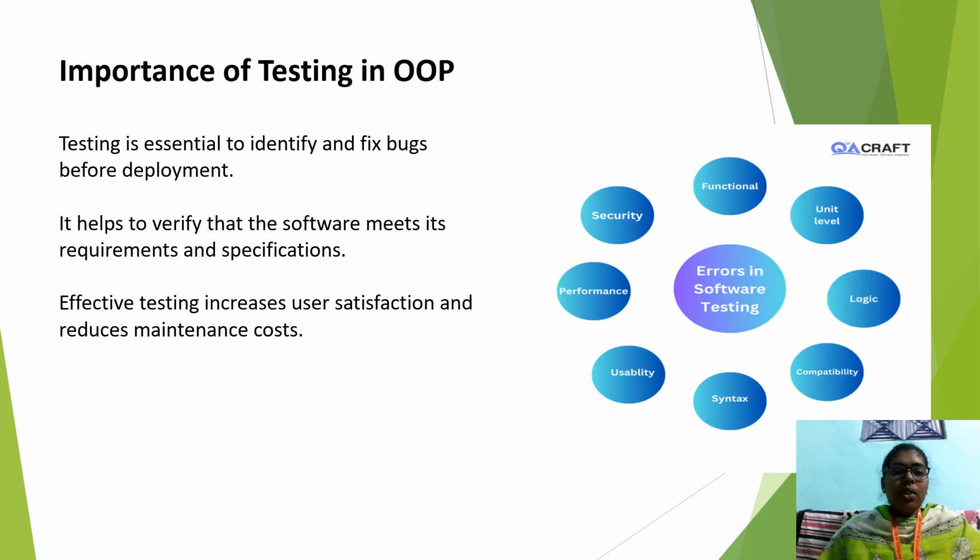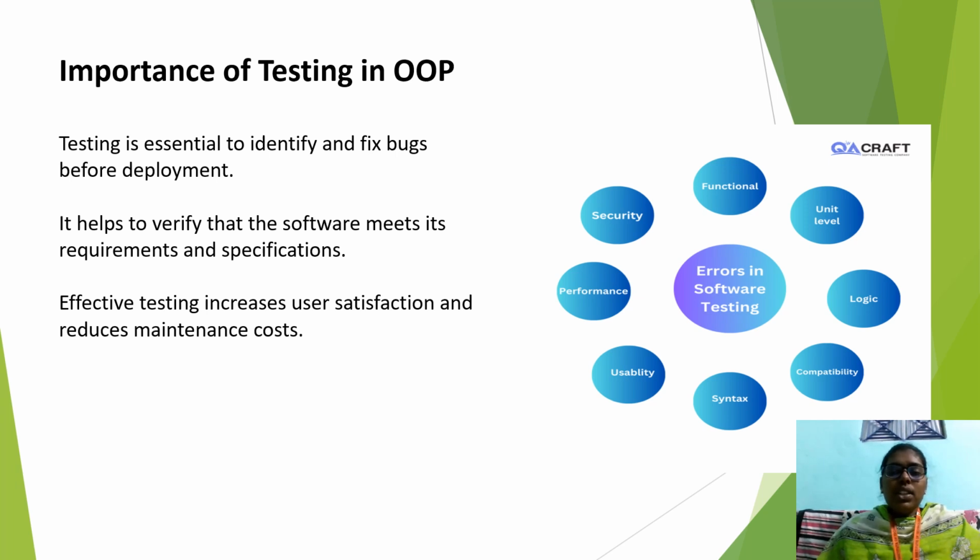Importance of testing of object-oriented programs. Testing is essential to identify and fix bugs before deployment. It helps to verify that the software meets its requirements and specifications. Effective testing increases user satisfaction and reduces maintenance cost.